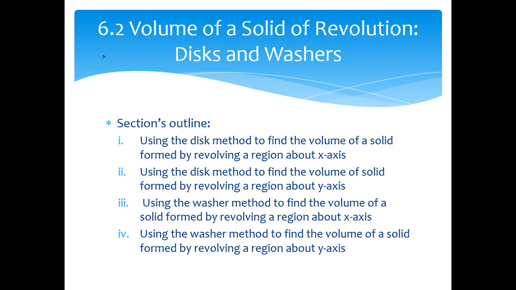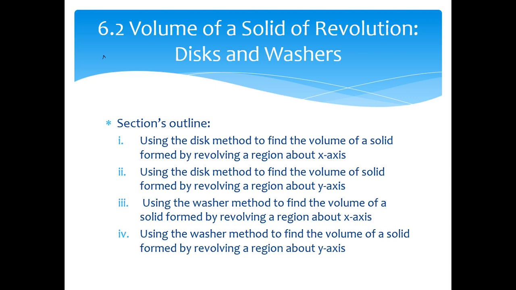In this lecture, we're going to discuss the volume of a solid of revolution using the disk and washer methods. We're going to be using disks in two different scenarios. We use the disk method to calculate the volume of a solid formed by revolving a region about the x-axis.